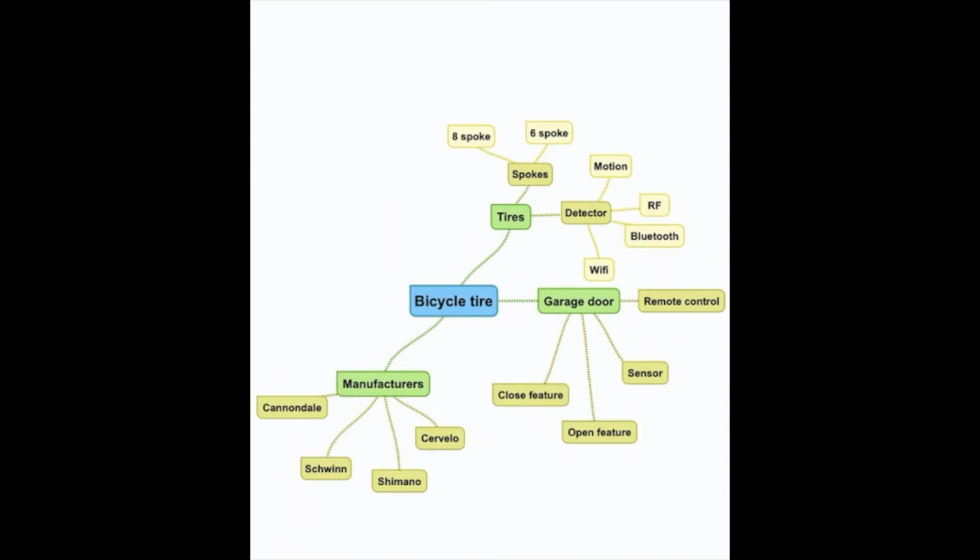It has a detector, and it could use several different types of communication protocols. And so I've listed them. I broke down the garage door and the remote control feature, possibly the sensor opening and closing the device, and then the different manufacturers, because they probably have some patents in this area so that we could kind of look through.